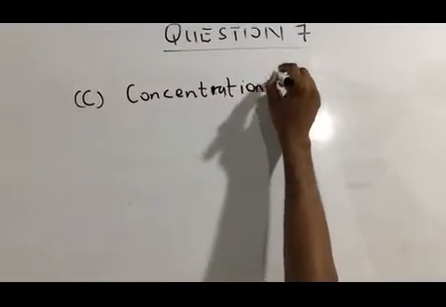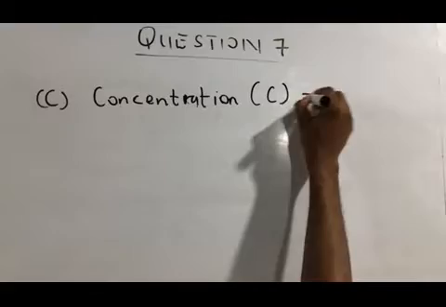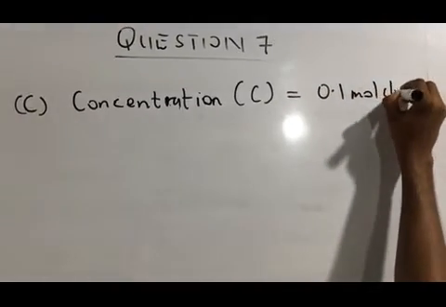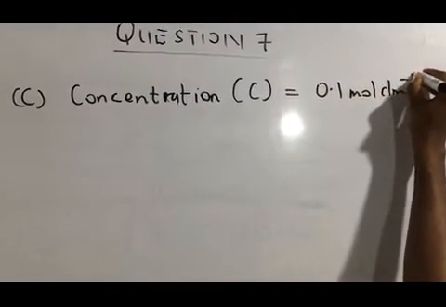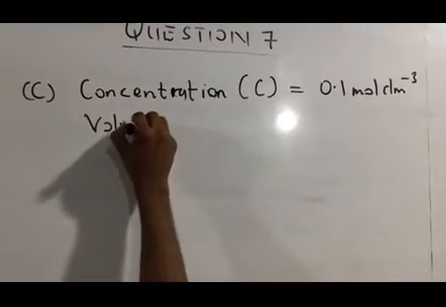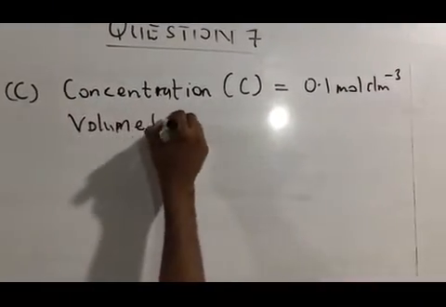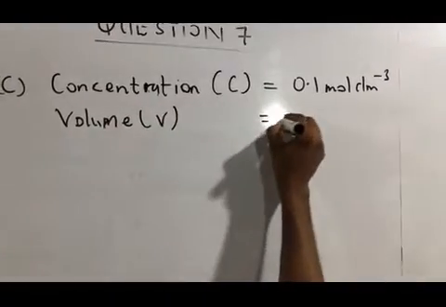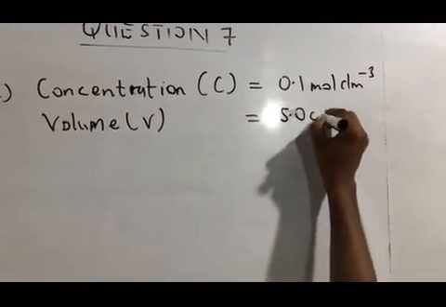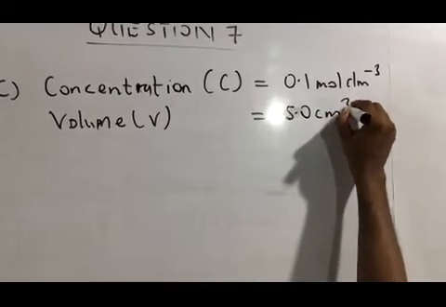from the initial solution, C, is 0.1 mole per dm cube. The volume, V, is 5.0 centimeter cube.